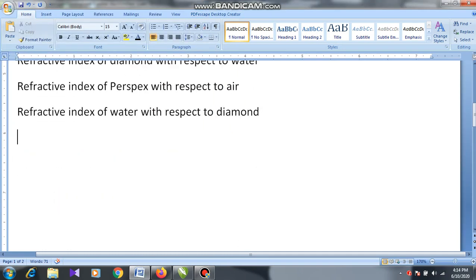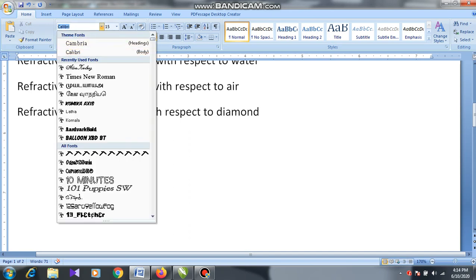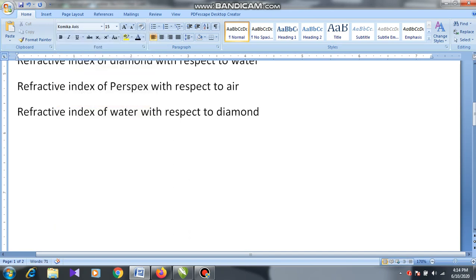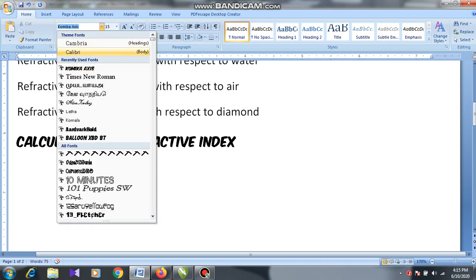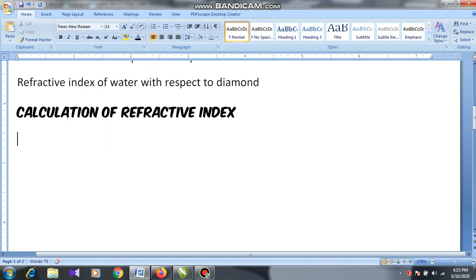Now, I am going to tell you an important thing, that is how to calculate the refractive index. In the calculation of refractive index, there are three methods applied.